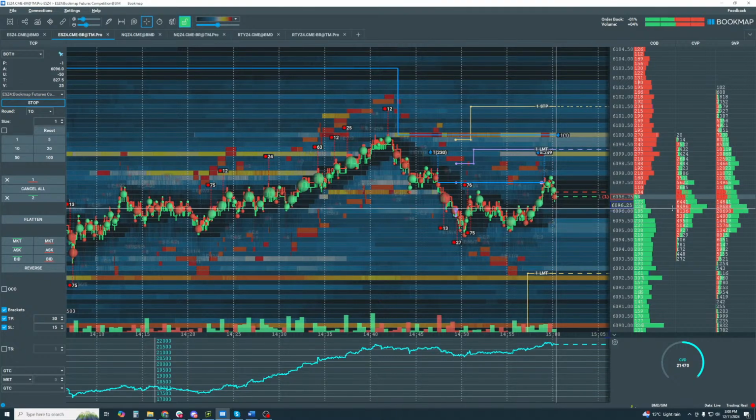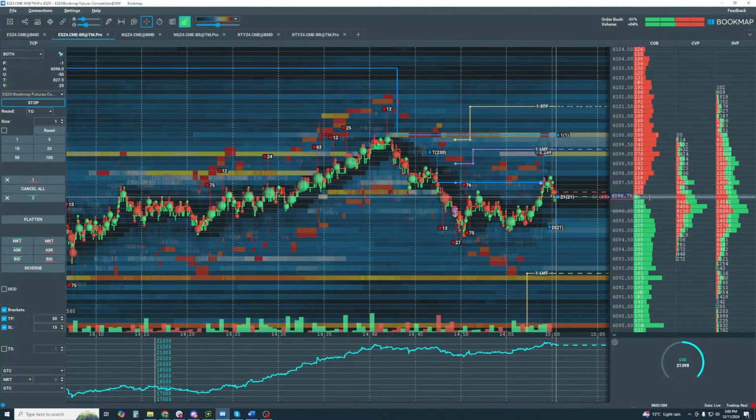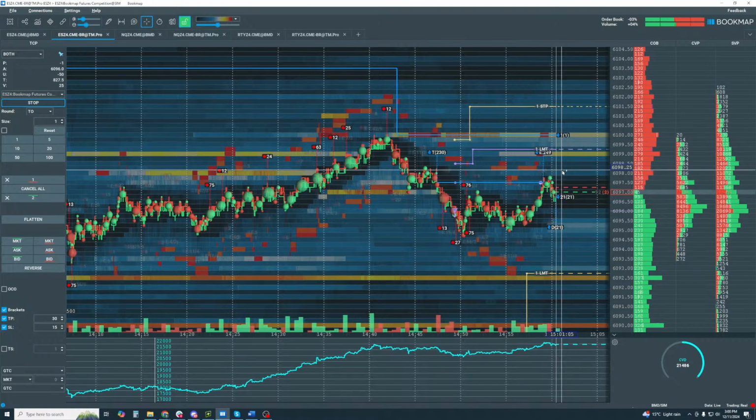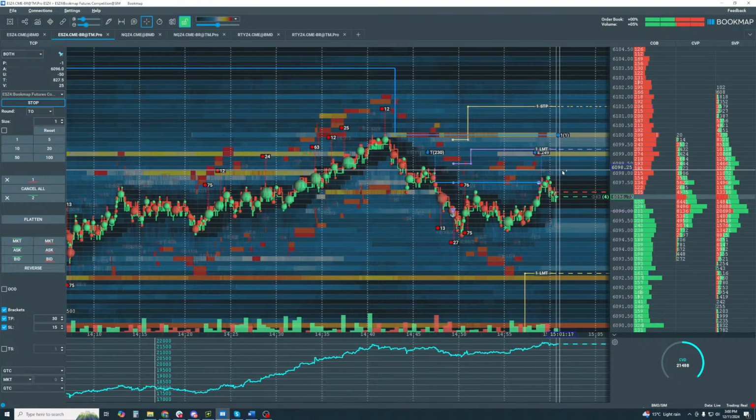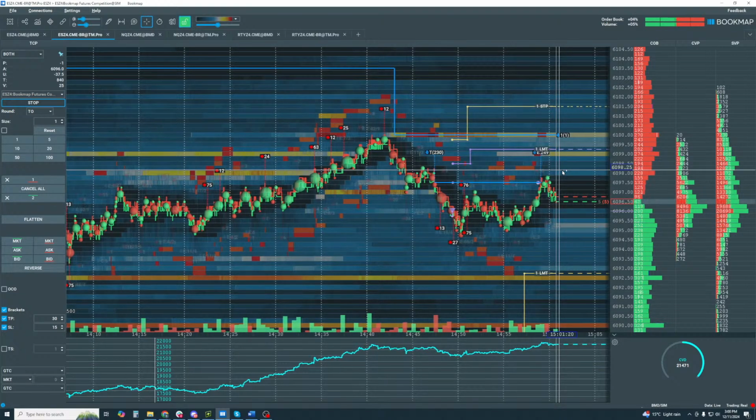So above or below POC, or above or below VWAP, these are the things that are important to some of the larger players. If price is above the VWAP, and their position is long for the day, then yeah, maybe they're looking for pullbacks to that VWAP to average their price in.